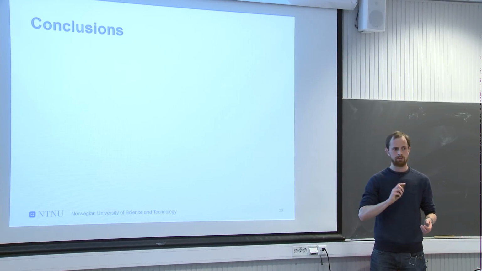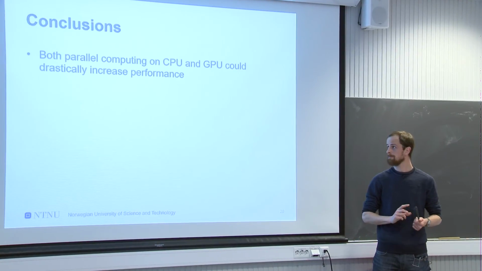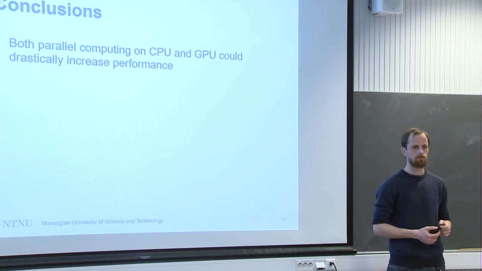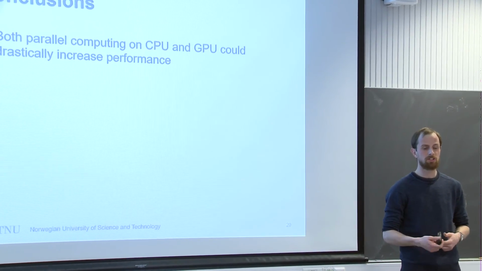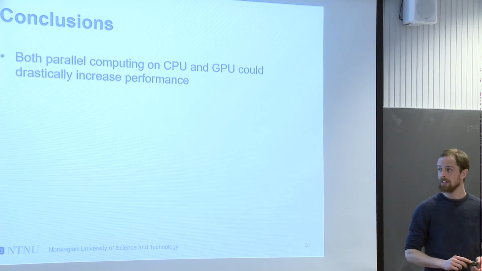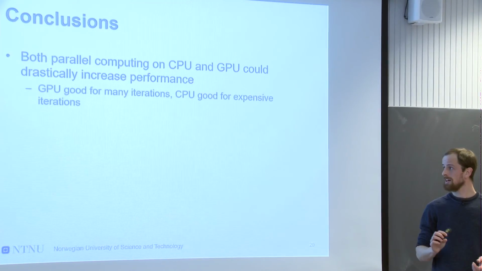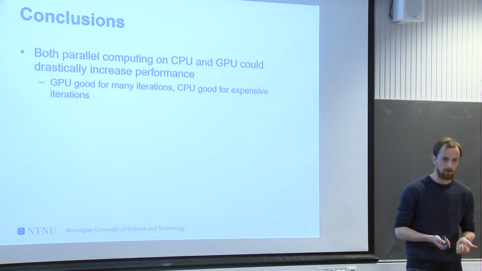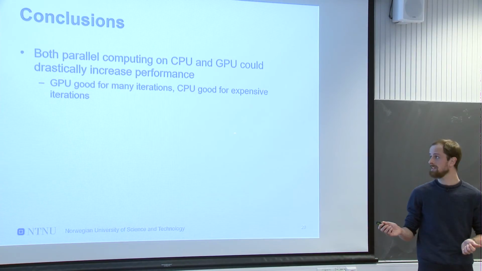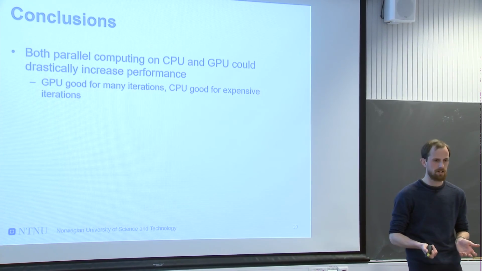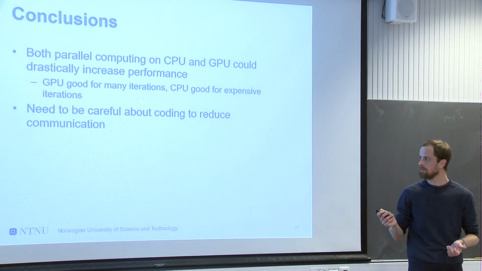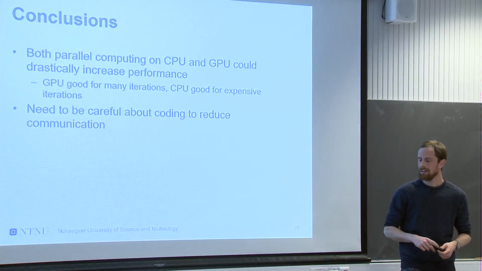So, to conclude my talk, both of these methods can improve the performance or reduce the calculation time drastically. As said beforehand, GPU is really good for many iterations, whereas CPU is for quite expensive, complicated iterations.